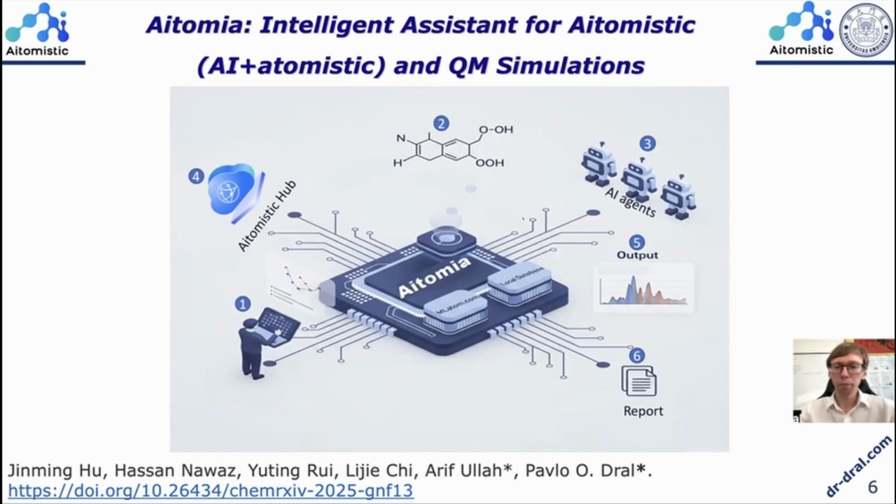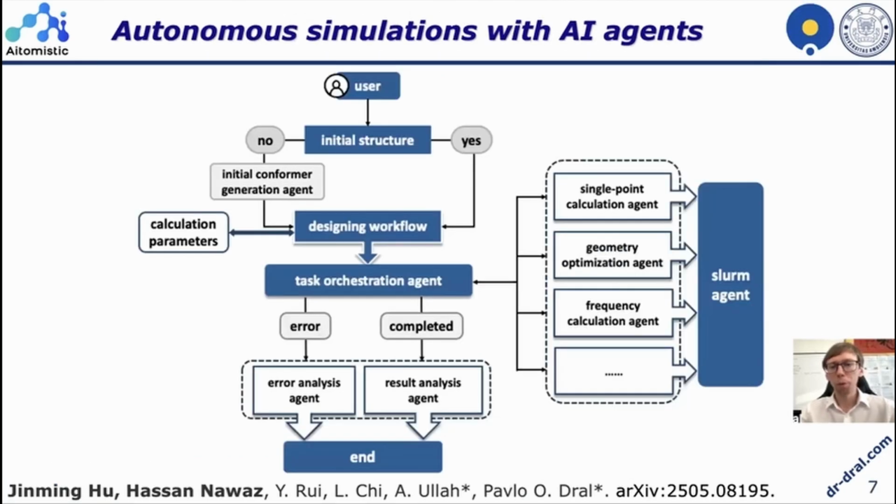And it can provide some reports and analysis for you. For more complex workflows, it has an orchestration agent which coordinates all these single task agents such as geometry optimization and frequency calculations, and then it provides a result analysis to the users.